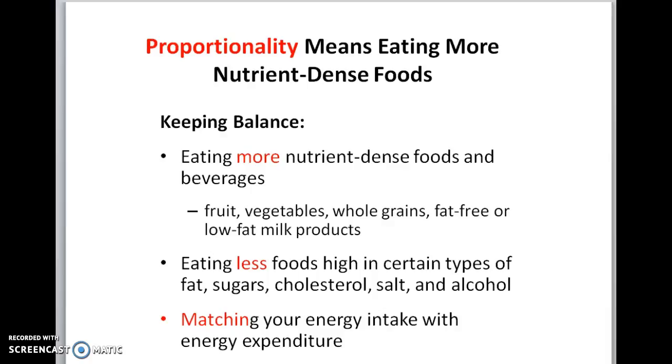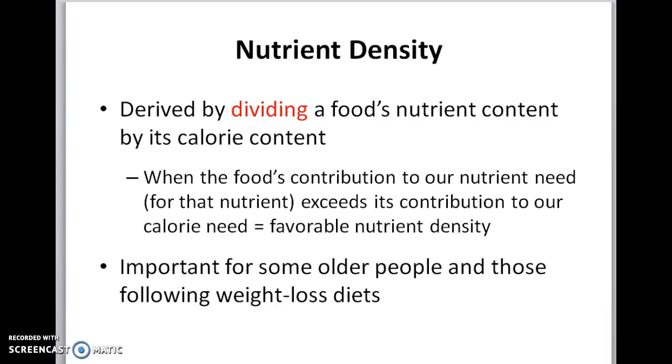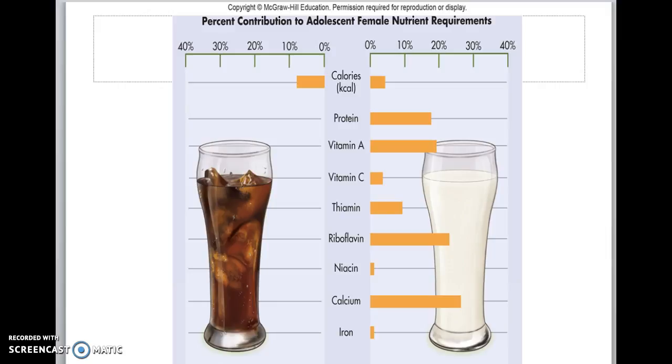that it contributes. The next concept will be talking about, well, there it is, nutrient density, which is especially important for people that are eating very few calories, like elderly. Here's an example of, for a female, a soda versus a milk. You can see that on the right, there is a lot of nutrients provided as opposed to the soda.